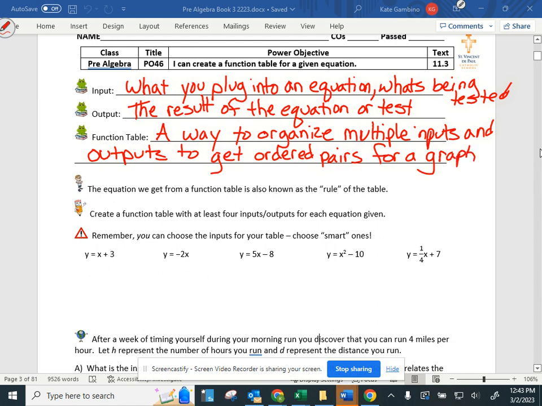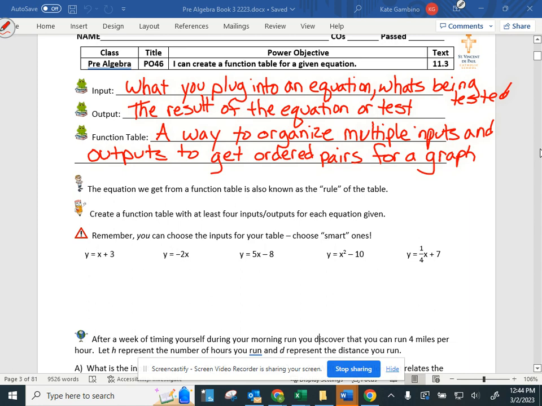So usually when we have our function table, the equation that we use for that function table, we call it the rule that we're going to follow. You're going to plug in a number into that rule, and what you get out of it is your output.